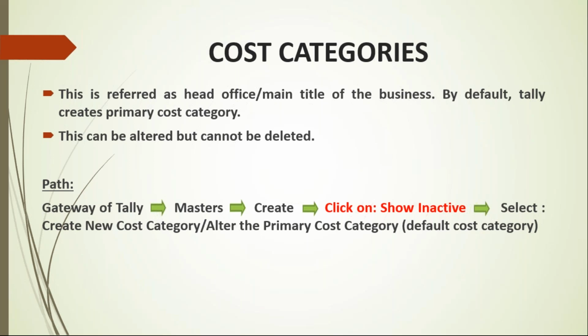Now, basically, what do we mean by cost category? If we take an example of a hotel, we have A2B. You know the common hotels, whether on the highway or within the city limits: you have Anand Bhavan, that's A2B, then you have Adigas, SLV. They have more than one branch, more than one outlet.